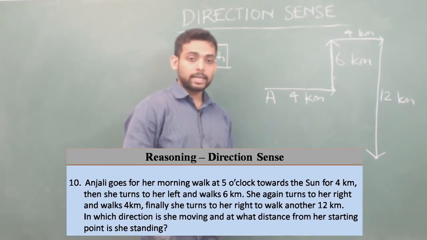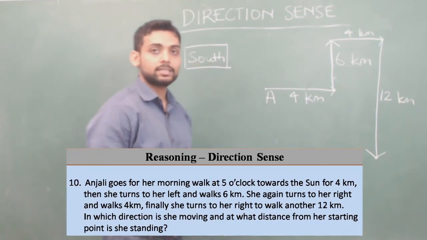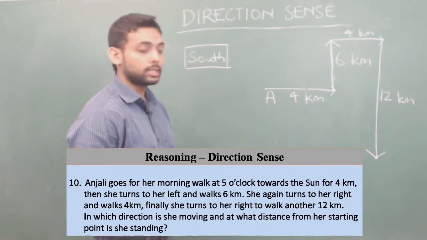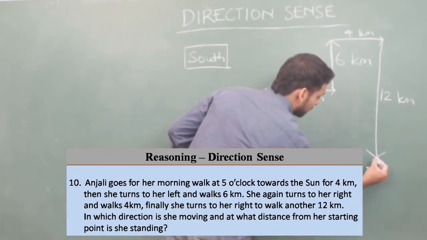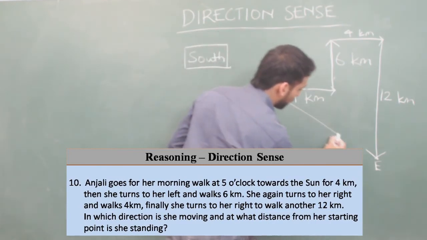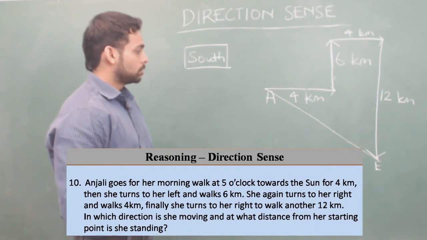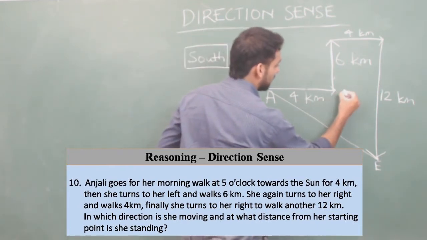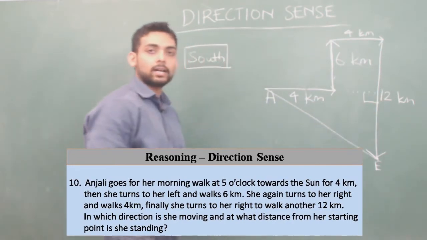Okay, then, and at what distance from her starting point is she standing? Okay, so if you see at what distance, so this is the ending point, we have to find this distance. Okay, so again, if I extend this line up to here, we get a right triangle.